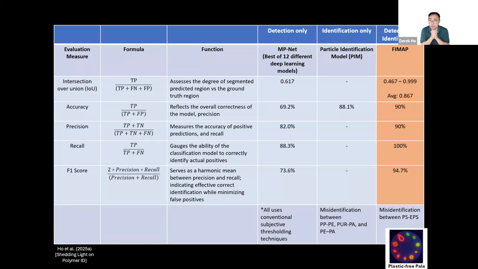On the identification front, we outdid Myers et al., who had an 88.1% accuracy, but a misidentification between 3 different plastics. On the other hand, we performed at a similar accuracy of 90% with only a misidentification between polystyrene and expanded polystyrene, which is to be expected because they are of the same chemical composition, just different densities.